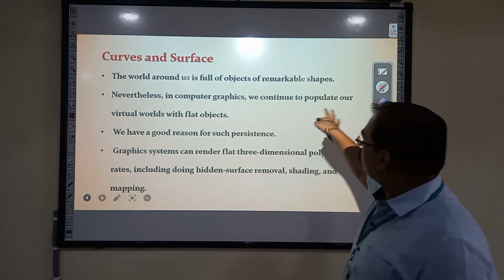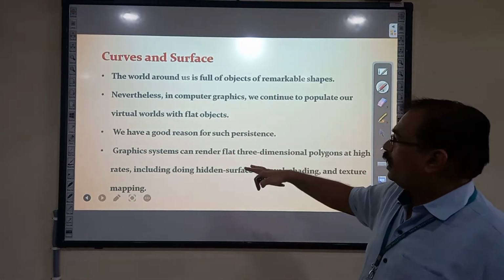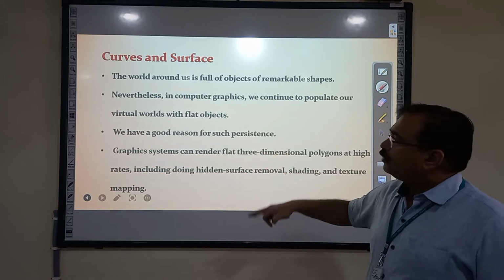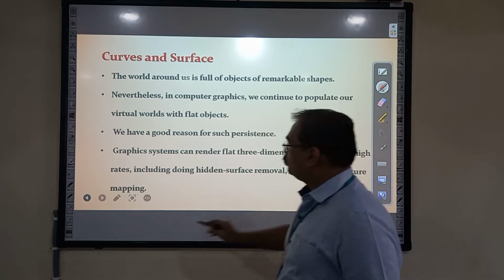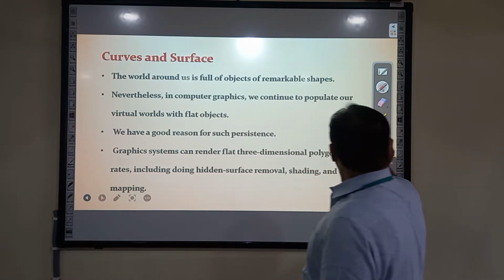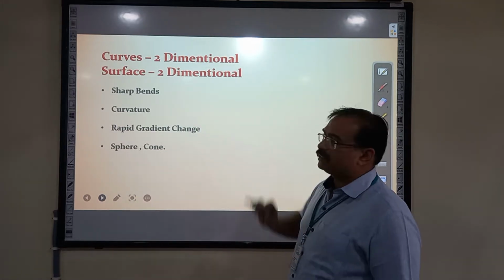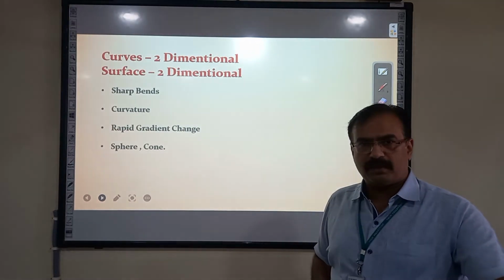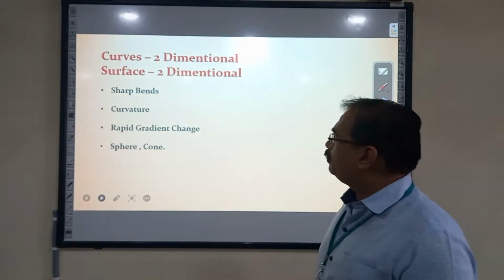Nevertheless, in computer graphics, we continue to populate the virtual world with flat objects, and we need to persist them properly. For which we are going to see these two topics, that is curves and surfaces. Curves are for 2 dimensions and surfaces are for 3 dimensions. I'll give you the image.